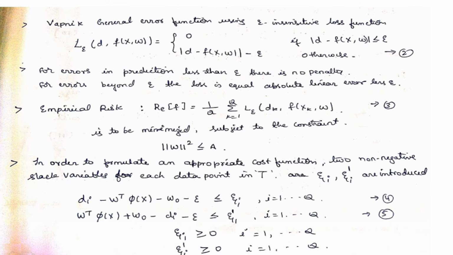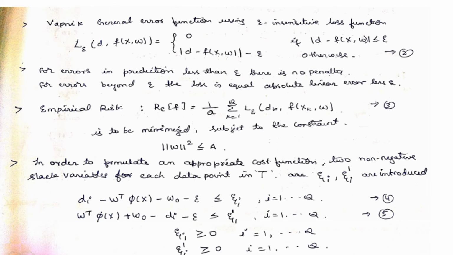W square should be less than gamma, that is lambda. In order to formulate an appropriate cost function, two non-negative slack variables for each data point in the training set are introduced. So what are the slack variables? Here you have xi i and xi i prime.